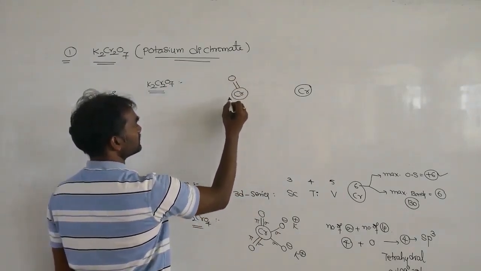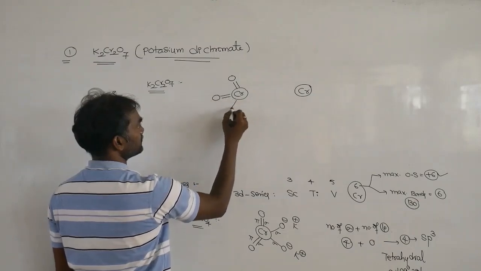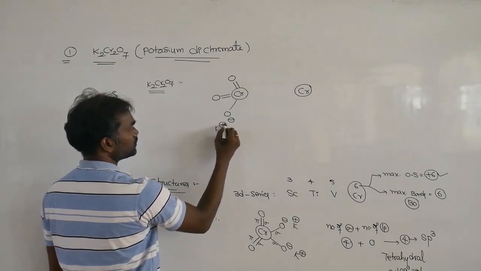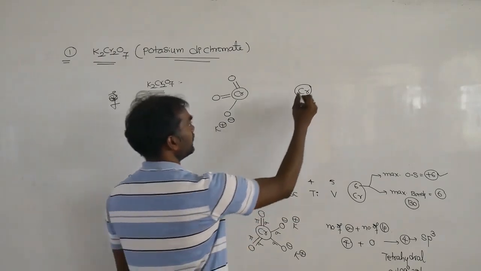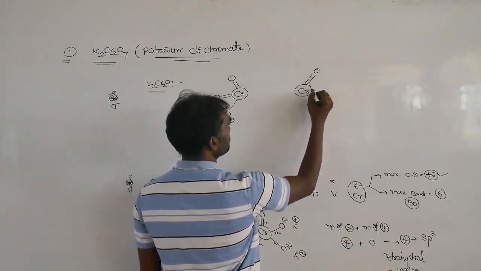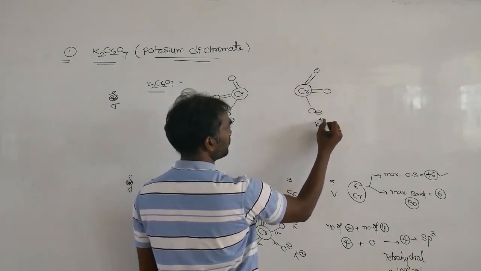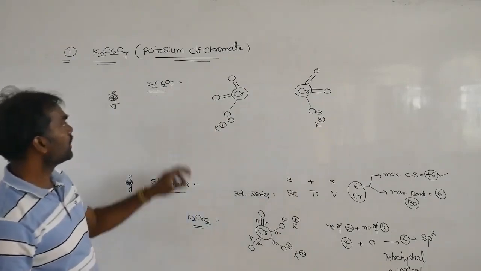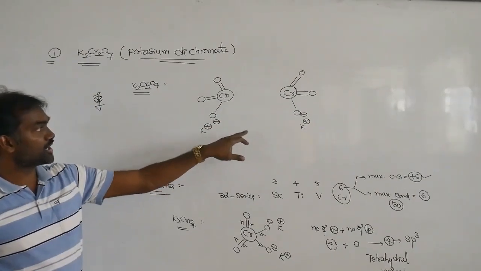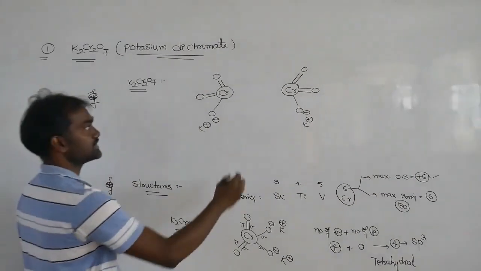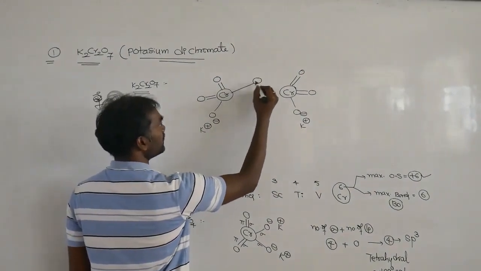See, 1 oxygen, second oxygen, third oxygen, with K plus. Next, 1 oxygen, second oxygen, third oxygen, K plus. Remaining: 2 chromiums are over, 2 potassiums are over, 6 oxygens are over. One oxygen remains, so I am writing it in the middle.